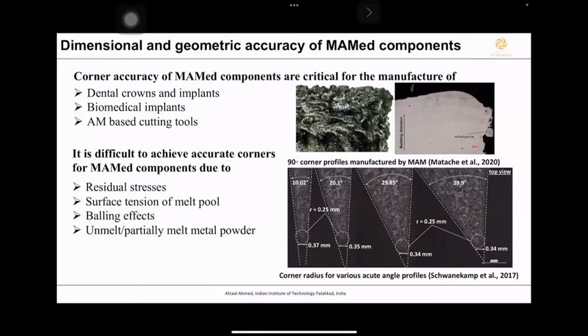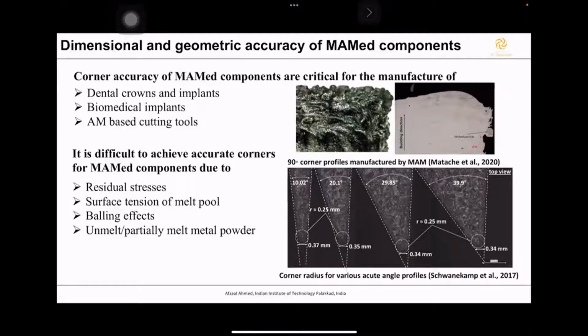Then the corner accuracy is always the biggest challenge in metal additive manufacturing. If you can see here, they have prepared different angles. These are results from the literature, and they have seen that all these corners are not sharp enough, and they can fit a circle to all these corners. That means these corners are radiused corners, not sharp corners, and the radius varies from angle to angle.